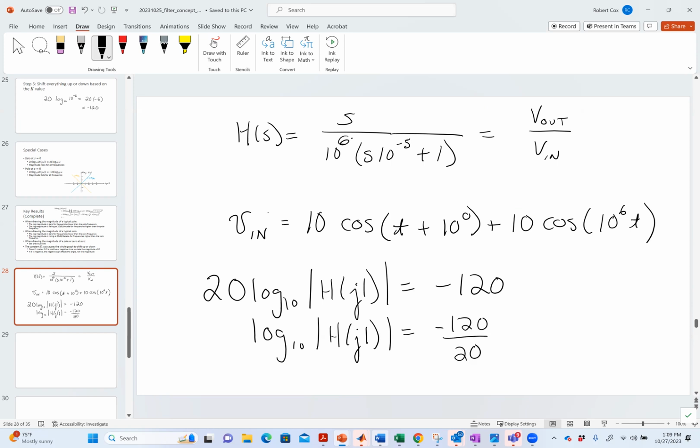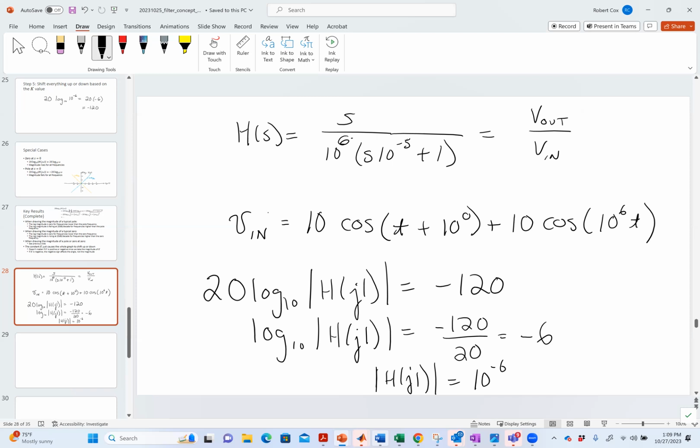Well, what's that? Negative 6. Raise both sides to the power of 10, so the magnitude of H of j1 is 10 to the negative 6. So what's my output going to be? 10 to the negative 5.